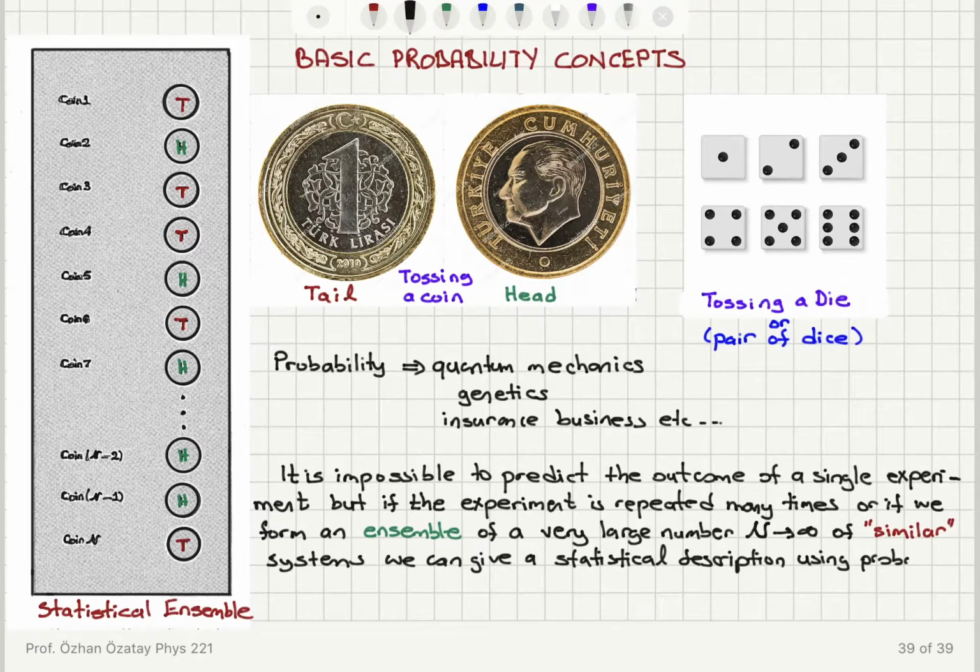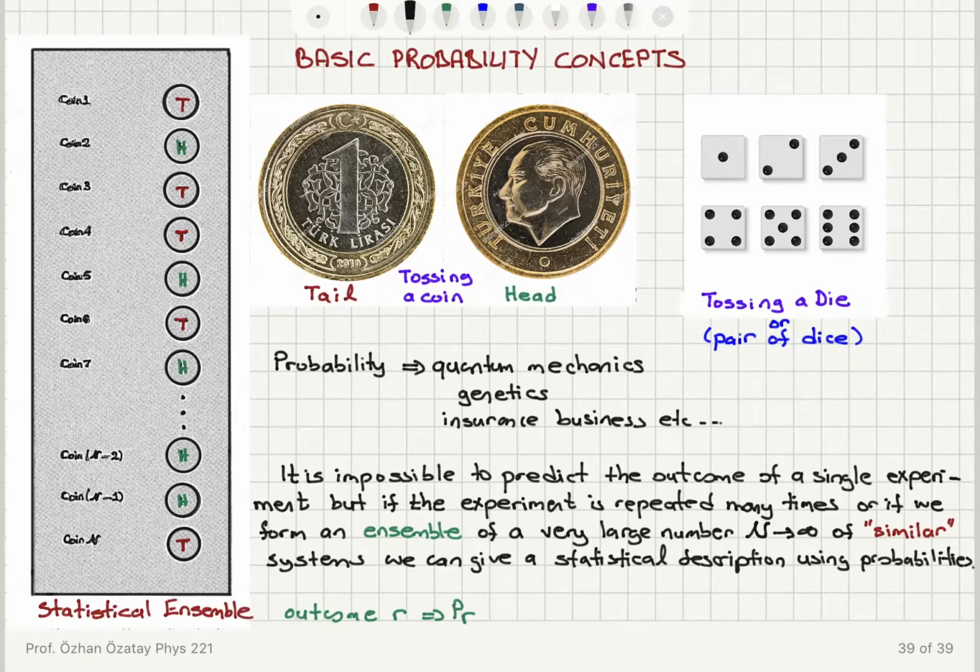How do I define probability? Okay, so let's say that the outcome of the experiment I'm looking at is outcome R. The corresponding probability is P_R.